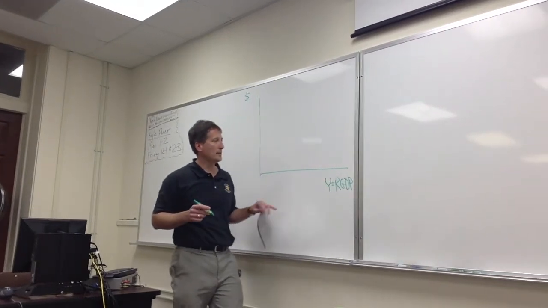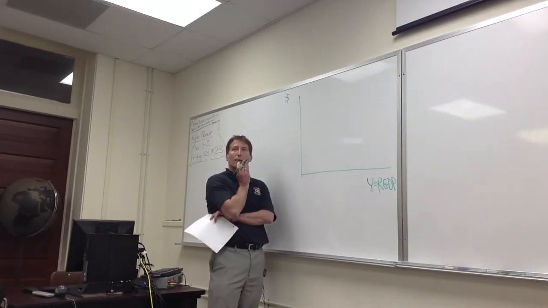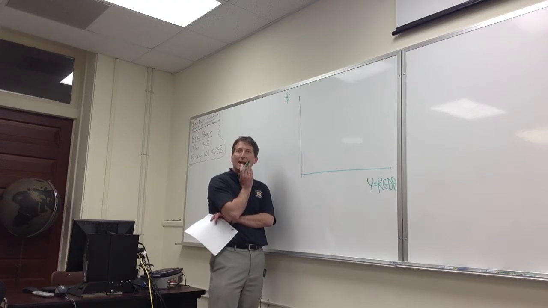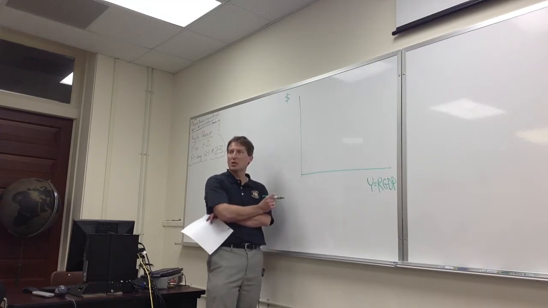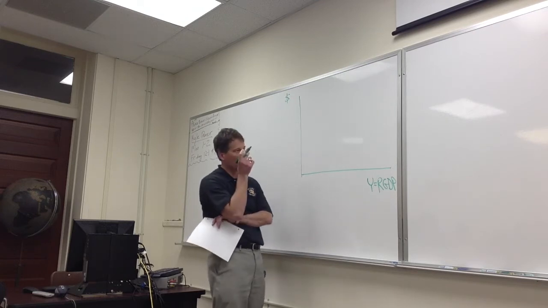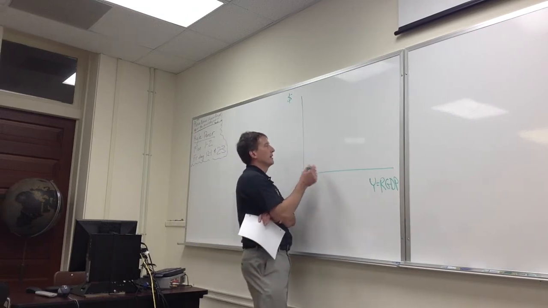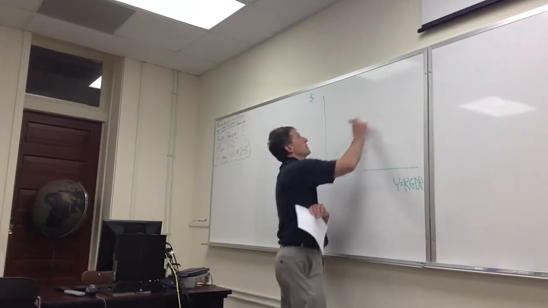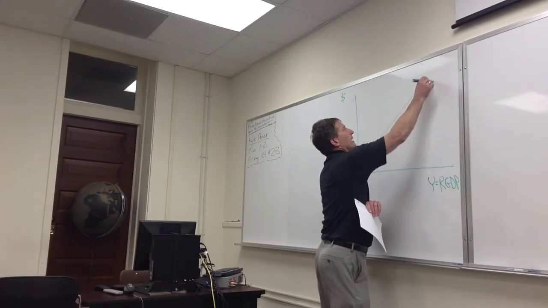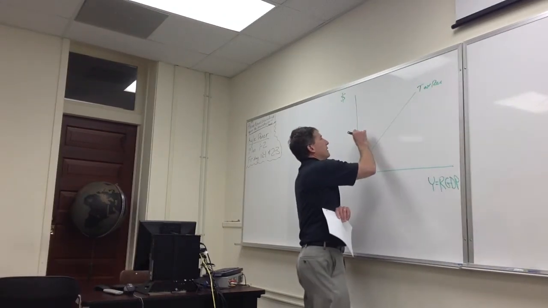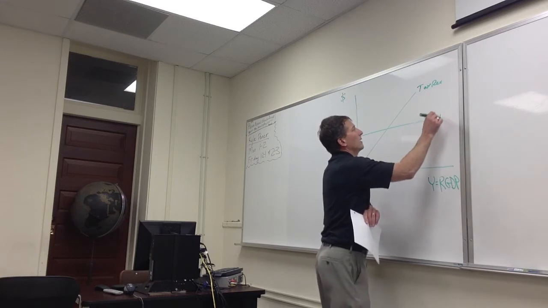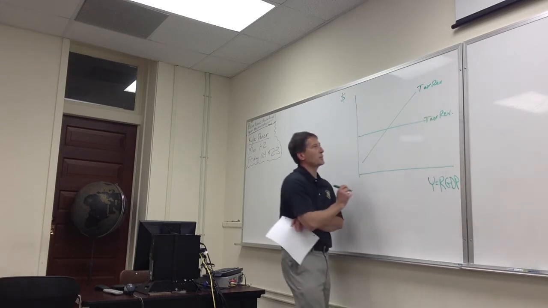And I want to think about what the tax collection function looks like. Like, how do we collect taxes? What would that line look like? In other words, would the tax revenues look like this? Would it look like this? What does tax revenues look like?